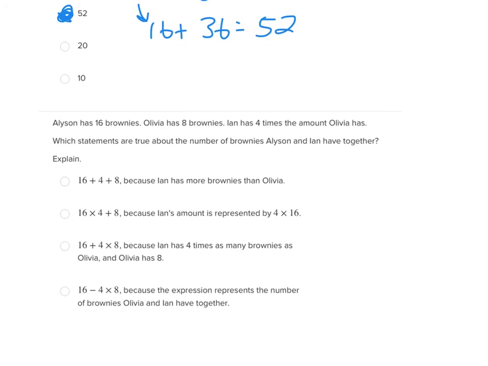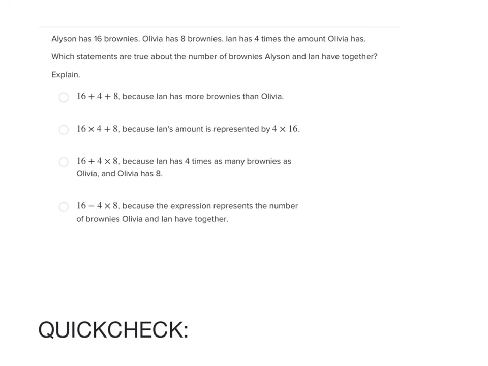All right. Last extra example. Allison has 16 brownies. Olivia has 8 brownies. Ian has 4 times the amount Olivia has. Which statements are true about the number of brownies Allison and Ian have together? I'd forgotten how much Ian has.